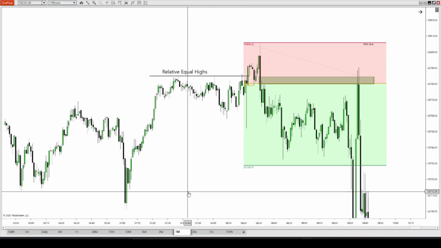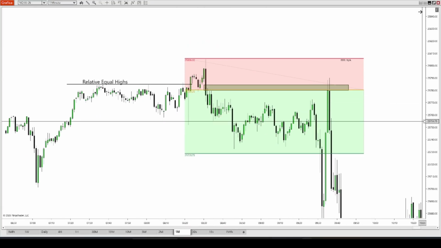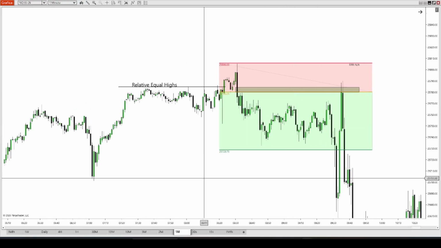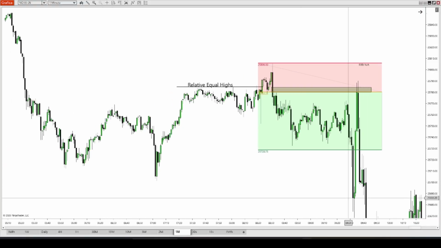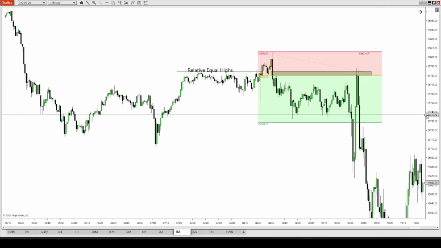If we can see right here in the 1 minute time frame, you can see the same model right there. So the price went down and took that low, then it came back to fill the imbalance, and then it just started to trade lower.